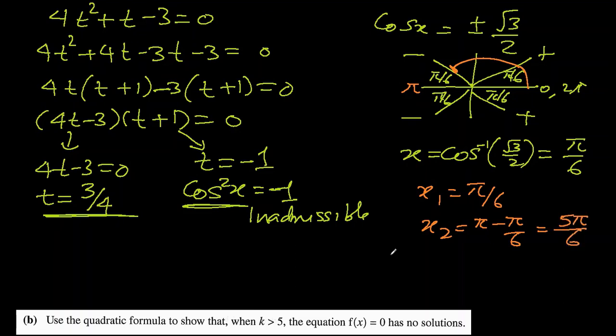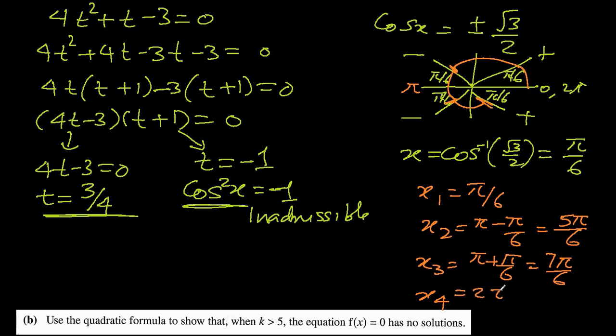This is the second answer. x3, go further to the next line. It is pi by 6 more than pi. So pi plus pi by 6, 7 pi by 6. And finally, we have the fourth answer, which is this line, which is pi by 6 less than 2 pi.